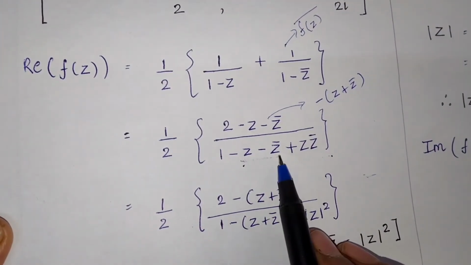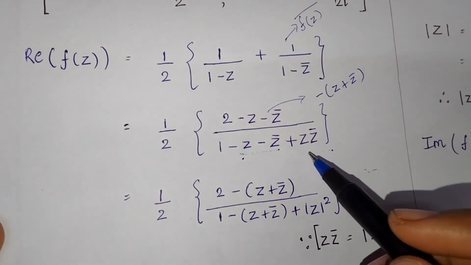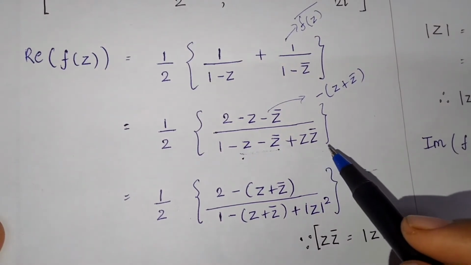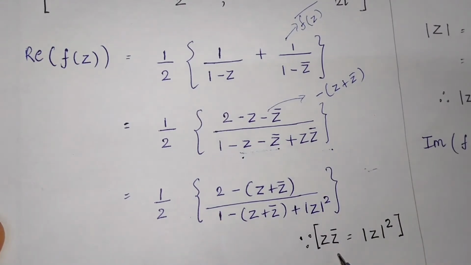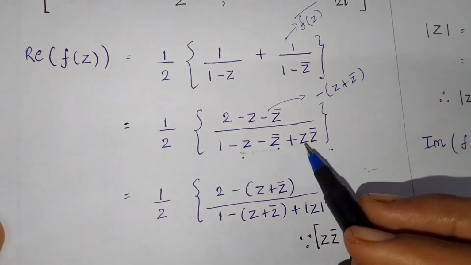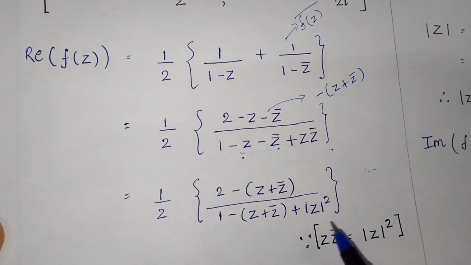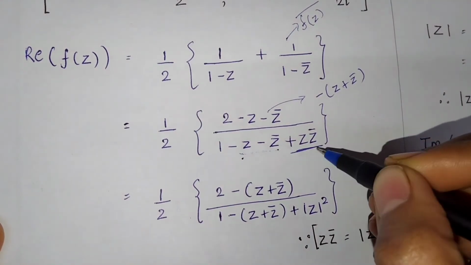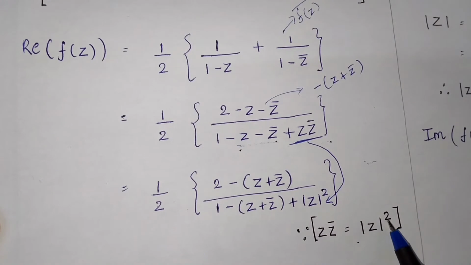Similarly in the denominator part also I can write minus z plus z conjugate, and you all know this formula which we already did in the introduction part of the complex variable, that z into z conjugate is always equal to mod of z square. So here in place of z into z conjugate we can write mod z square. So here I have written this mod z square.